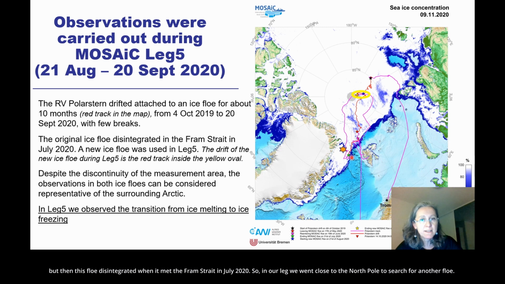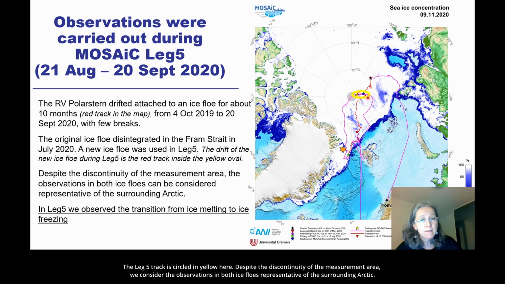But then this floe disintegrated when it reached the Fram Strait in July 2020. And so in our leg, we went close to the North Pole to search for another floe. And the leg 5 track is circled in yellow here.